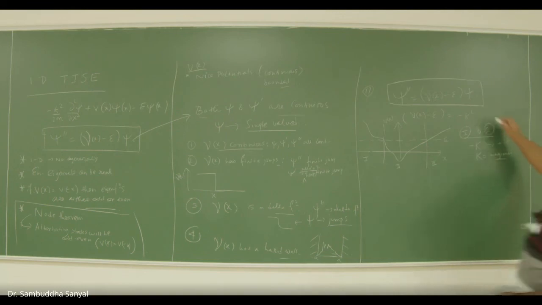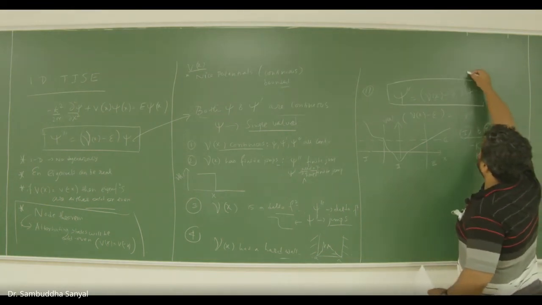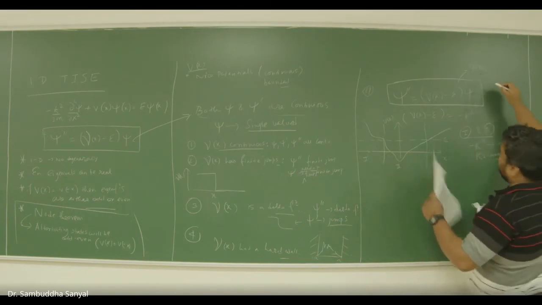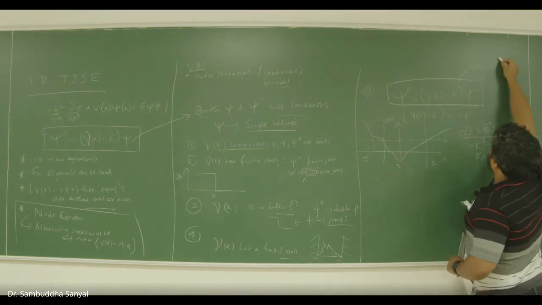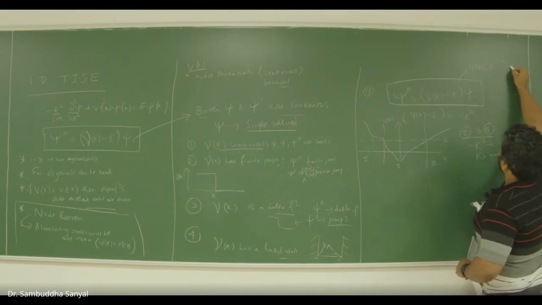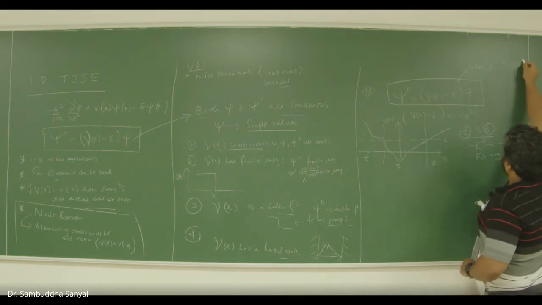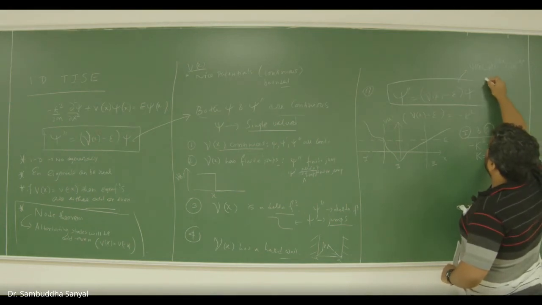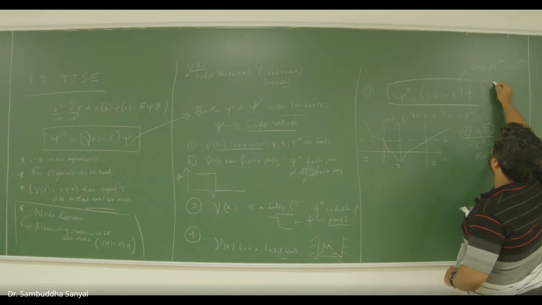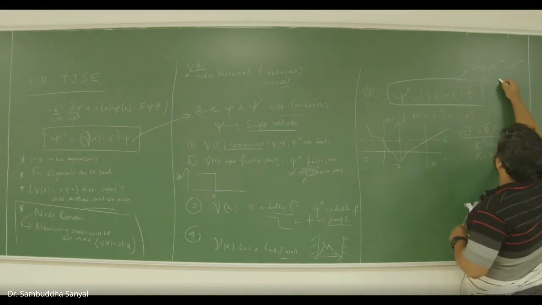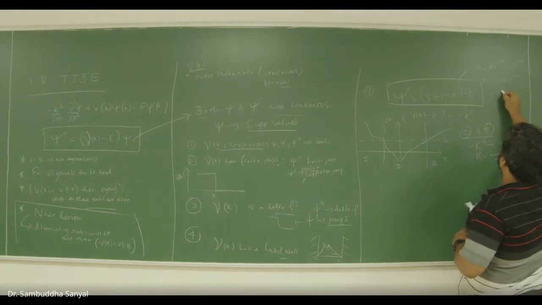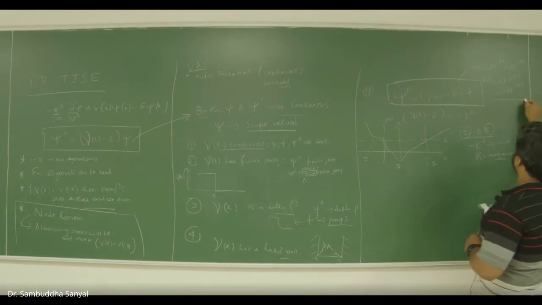Let me write down the general solution for this problem first. The general trial solution you can take is a e to the power i k x plus b e to the power minus i k x. It is also useful to write down the derivative because you want to check if it is continuous or not: i k a e to the power i k x minus i k b e to the power minus i k x.